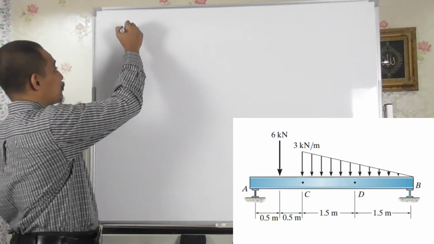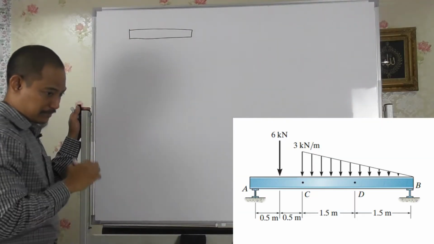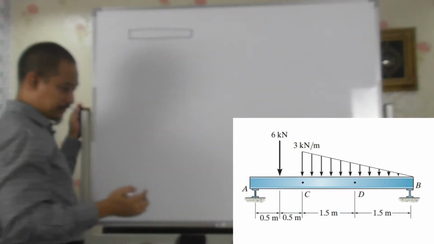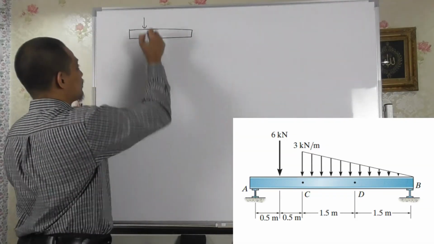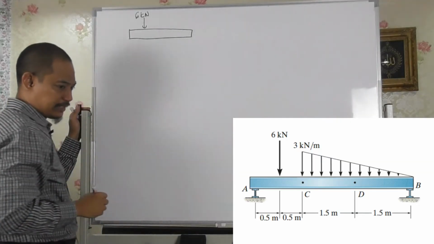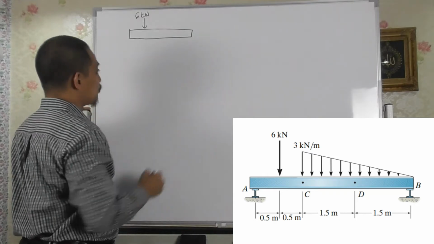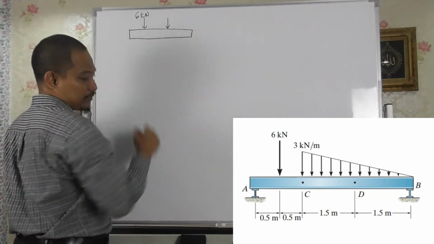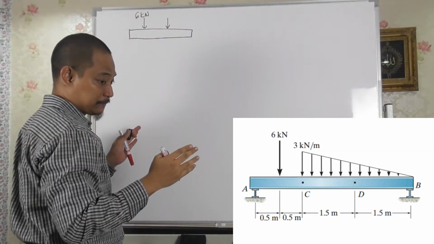So if you draw the whole thing from A until B, so at the end here you have 6 kilonewton, and then you have that triangle there, right? So okay, the triangle is over the span of 3 meter.